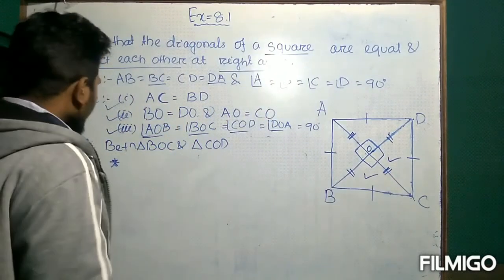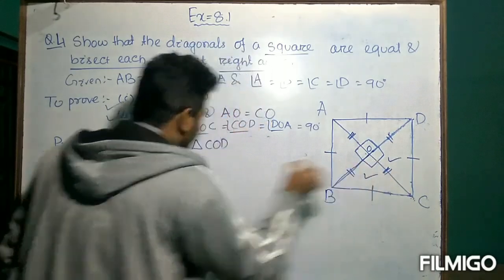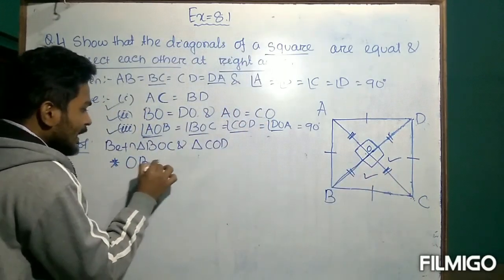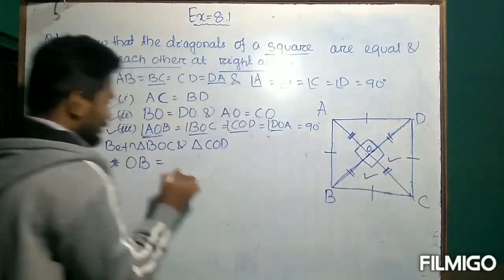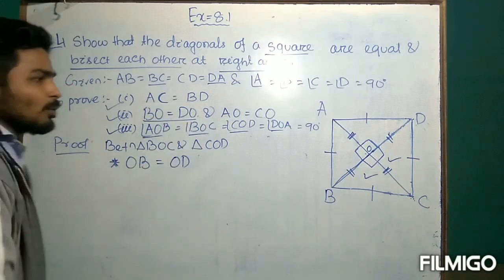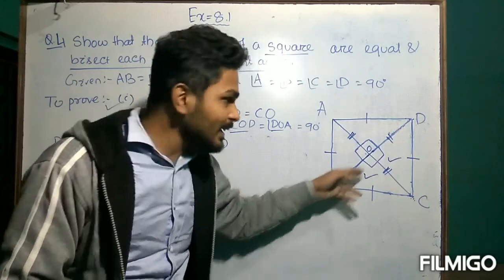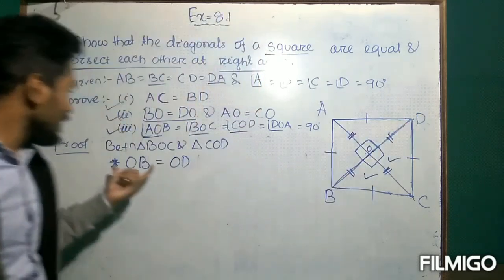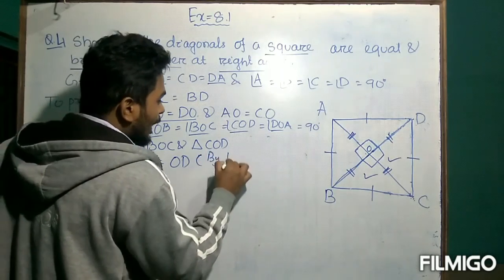Now, here, for the triangle BOC, this OB is equal to, for the triangle COD, this OD. Why? Because we have proved it. BO is equal to DO, okay, and this is bisecting, so OB is equal to OD.